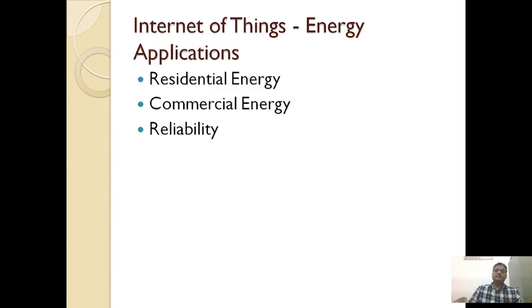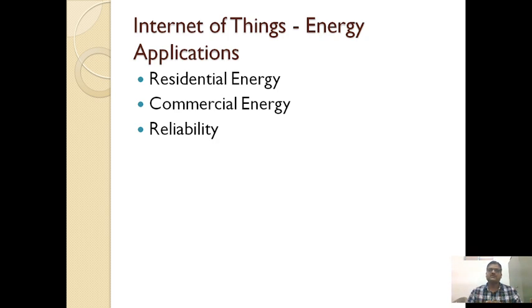Now we come to the first point in energy applications. First of all, residential energy. The rise of technology has driven up energy cost. Consumers search for ways to reduce or control consumption.